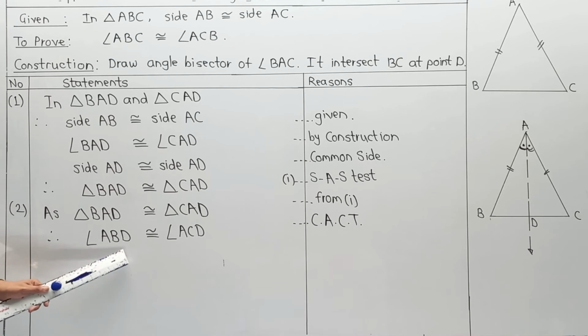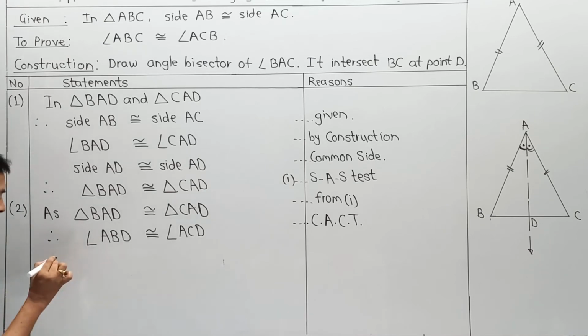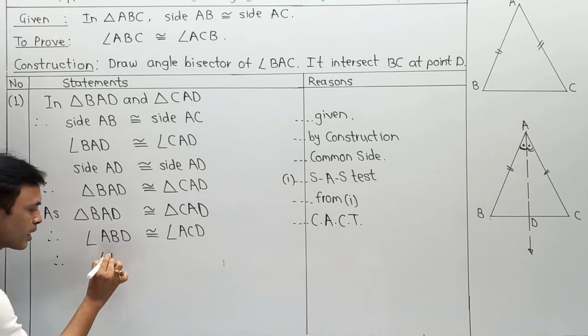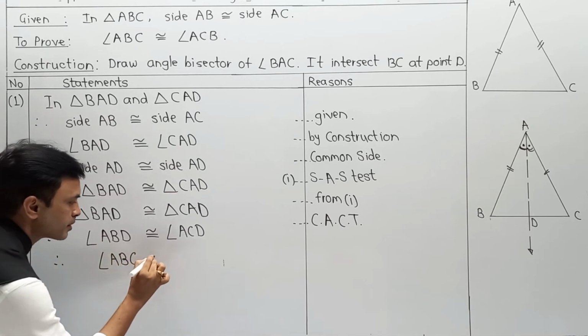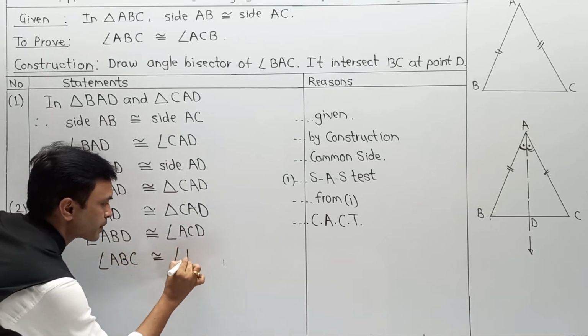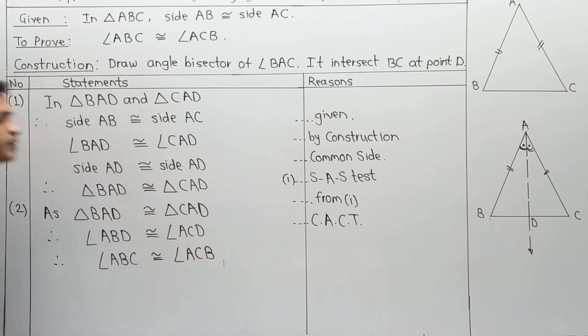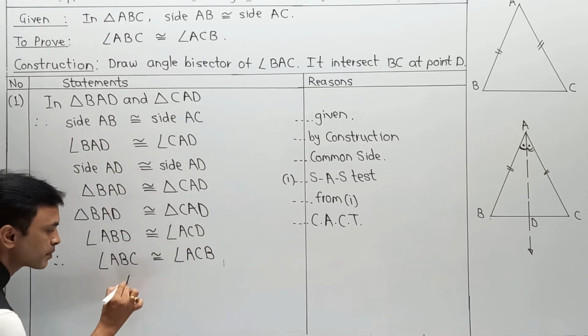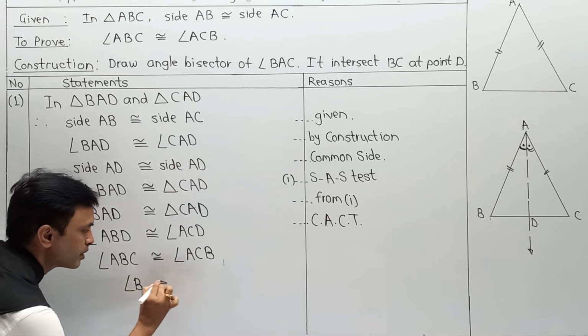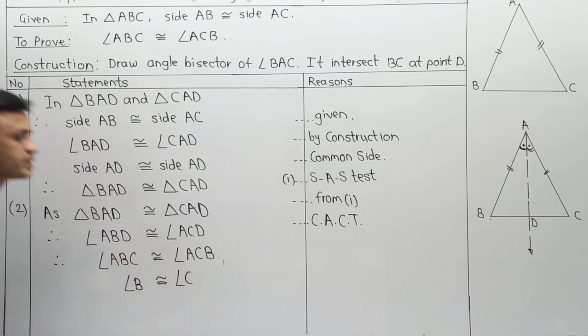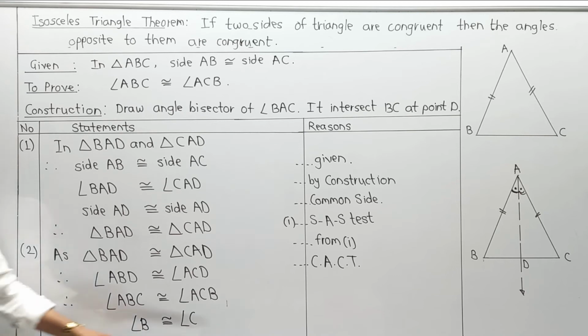Naturally, ABD in its modified version is, therefore angle ABC is congruent to angle ACB, or you can also write angle B is congruent to angle C. Angle B is congruent to angle C, and in this way we have completed the entire proof.